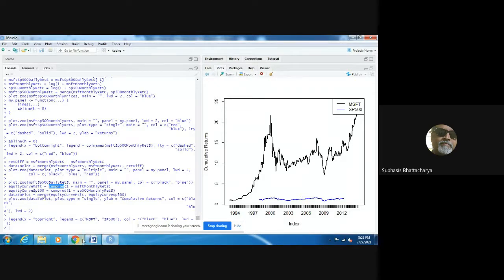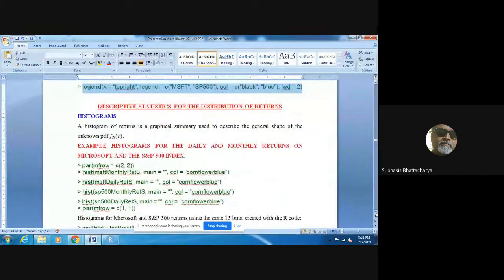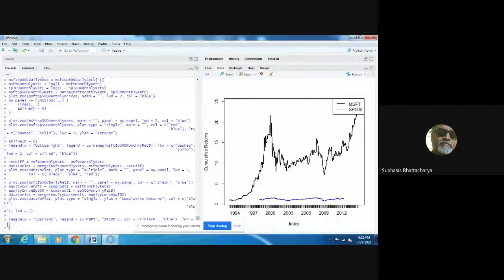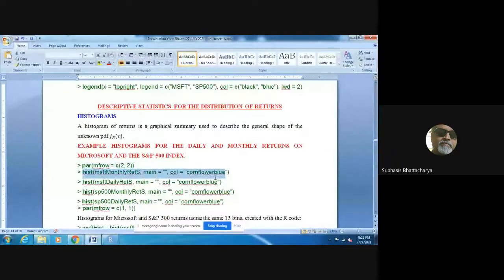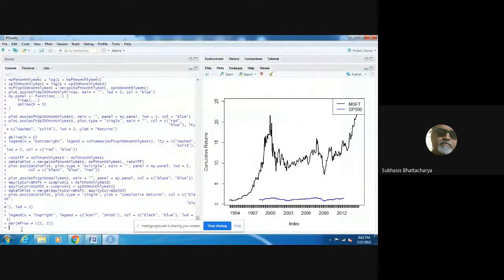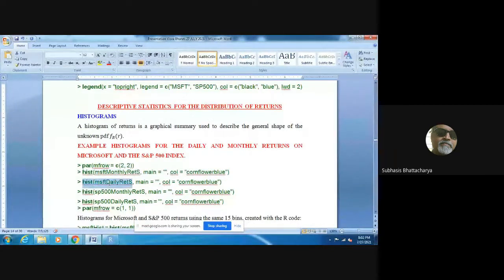Now I am going to discuss some descriptive statistics, and then we go to the constant expected return model. If you want to draw the histogram, the histogram is used to understand the normality of the distribution. This is the monthly returns of Microsoft, and similarly the daily returns.